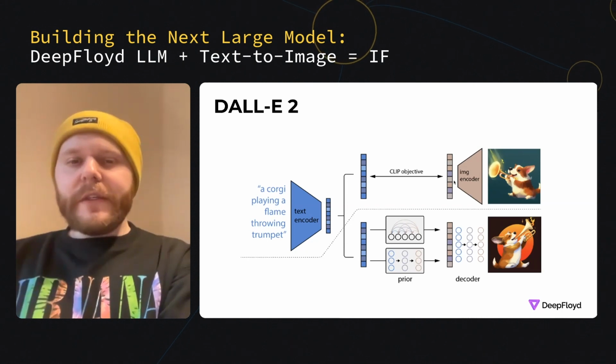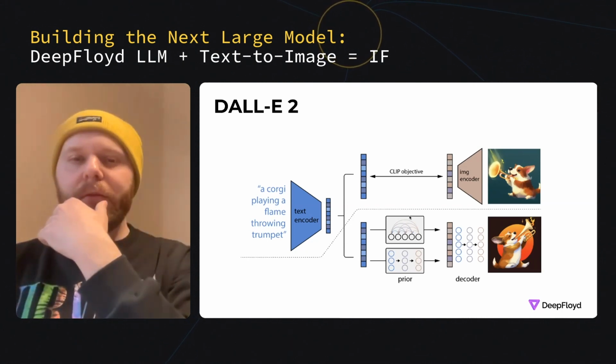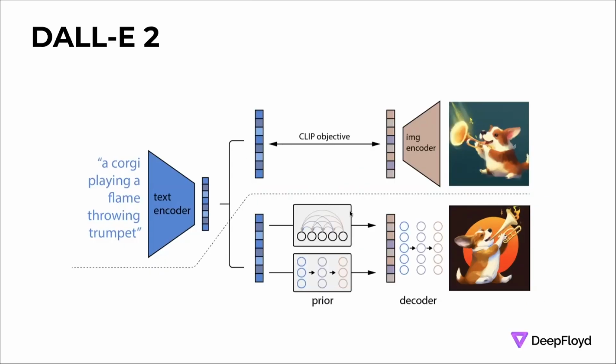If you see the paper and look at the images, you see this is a huge scheme that describes how DALL-E 2 works, but it starts from the text, a corgi playing a trumpet. This text is converted to some embedding space using a text encoder, and the text encoder is the language model that we are talking about now.